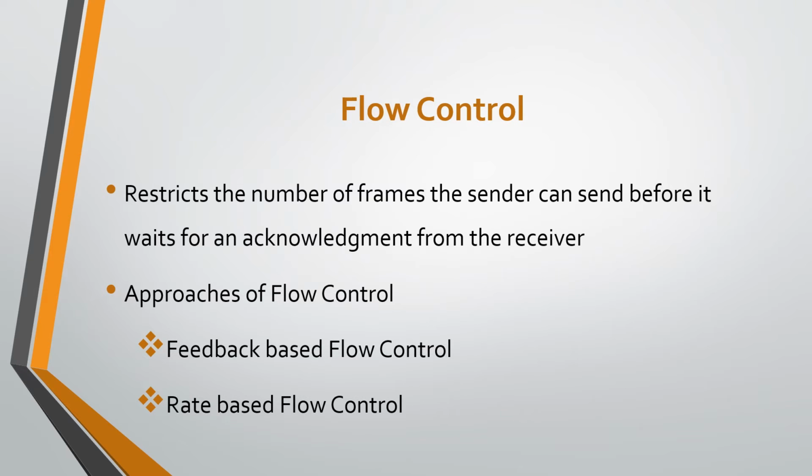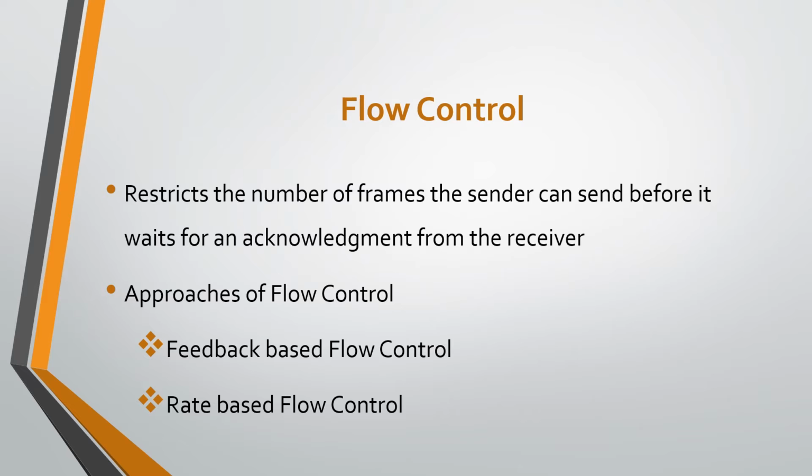Flow control can be broadly classified into two categories. The first one is feedback based flow control, and the second one is rate based flow control. In feedback based flow control protocols, the receiver sends back information to the sender, giving it permission to send more data, or at least telling the sender how the receiver is doing.